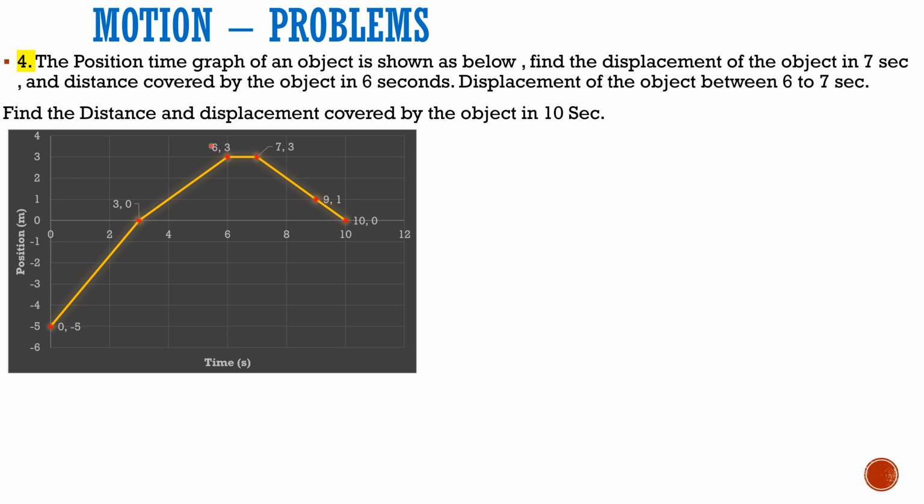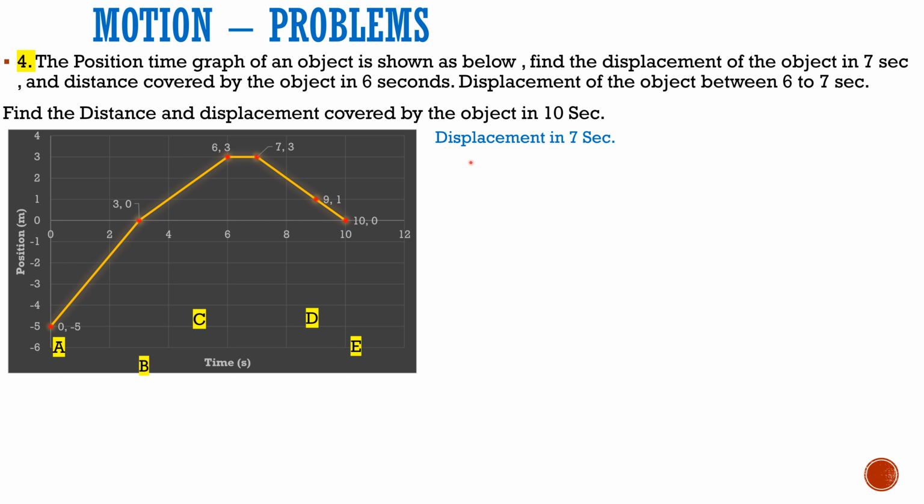So directly we just do final position minus initial position, and then we get the displacement. But in case of distance, we need to add up each intermediate point and find the total distance covered for its individual journeys across each of the paths it has gone through. So let us look at how it has been done.